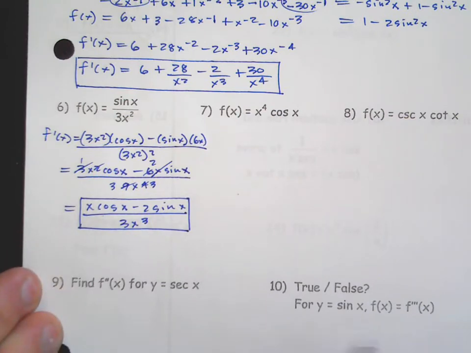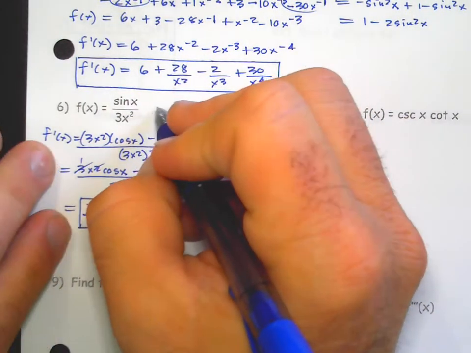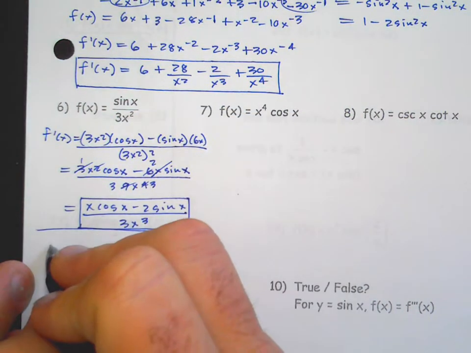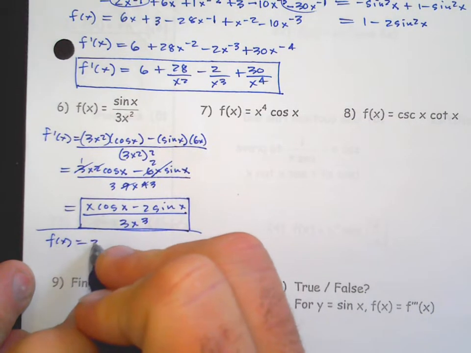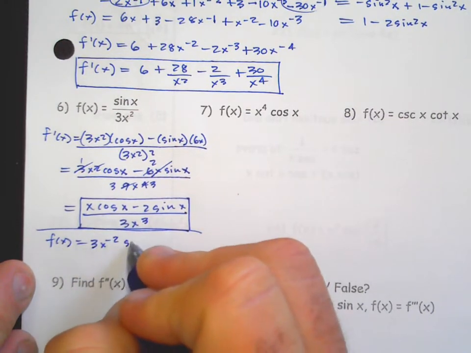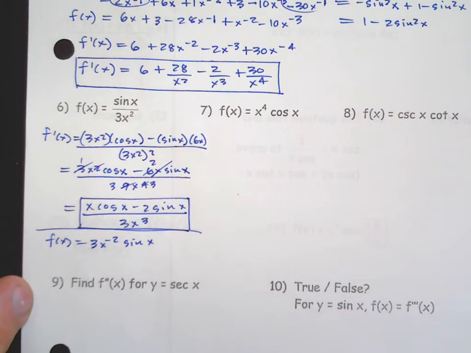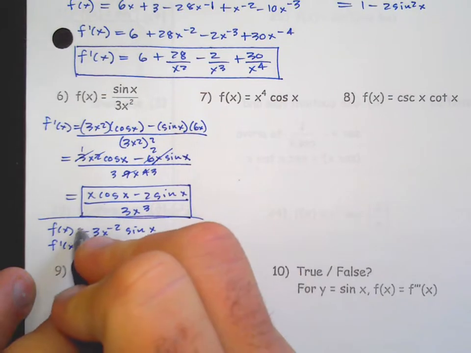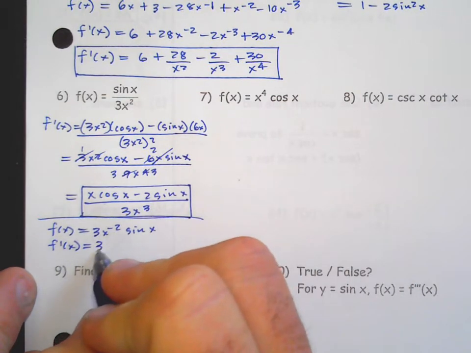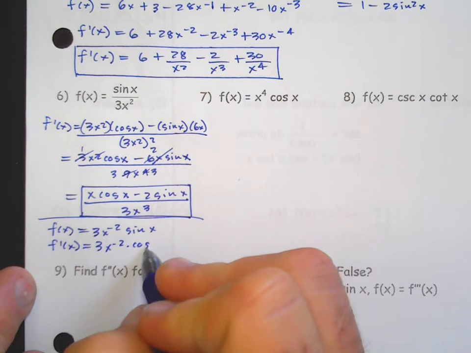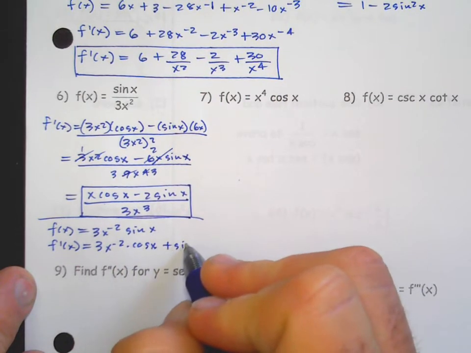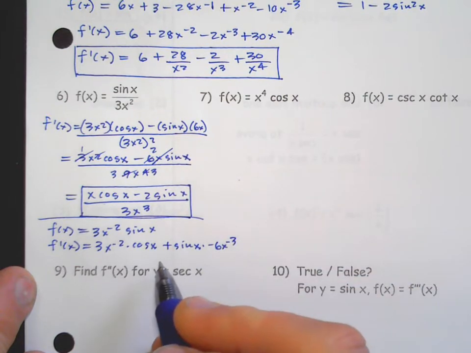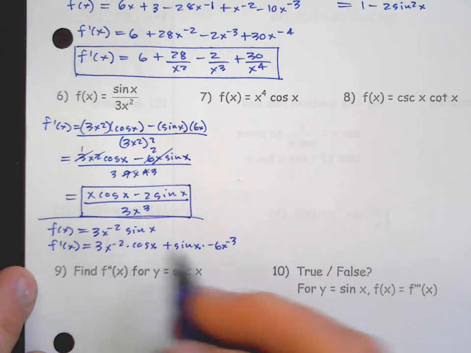Alternatively, you don't have to do quotient rule always in these situations. You could do product rule by changing this to 3x to the negative 2 sine x. You could do product rule with that. I don't know if it's that much easier, I think it's probably about the same. And then you rewrite it with positive exponents.